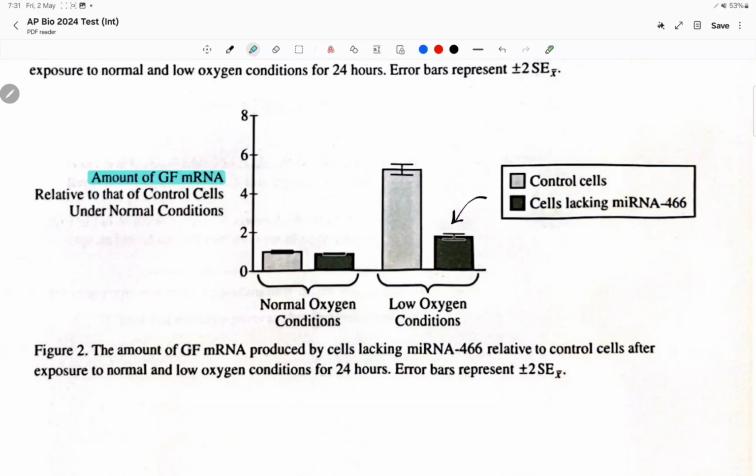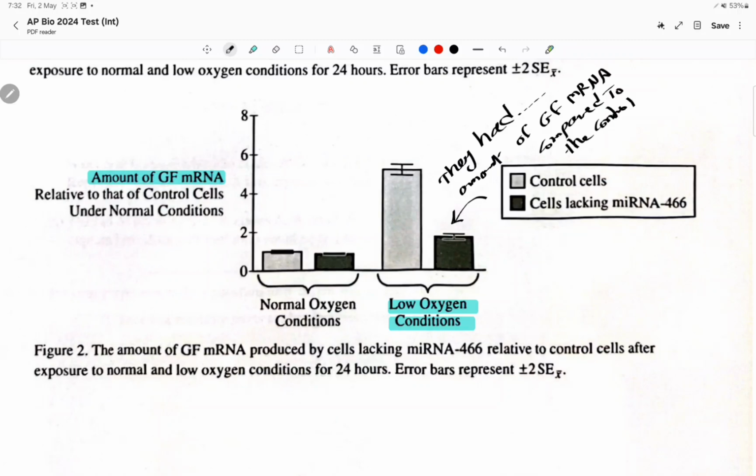Less. In the low oxygen conditions, they also had less, right? They had significantly less amount of GF mRNA compared to the control.